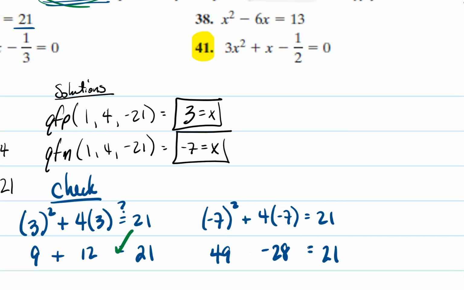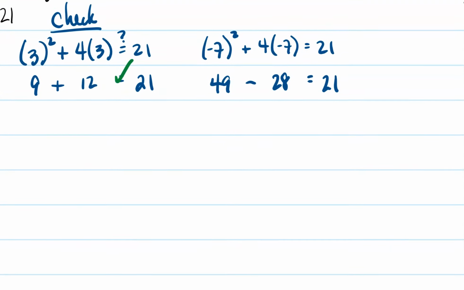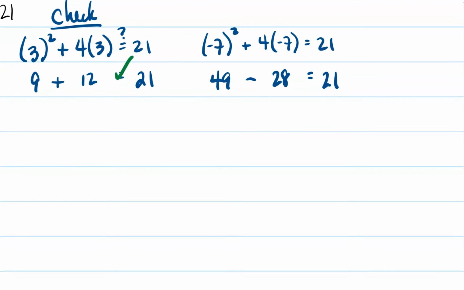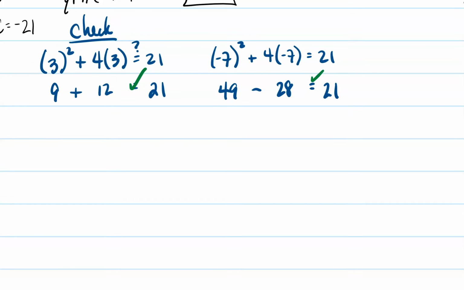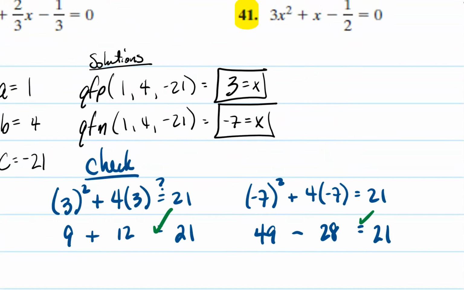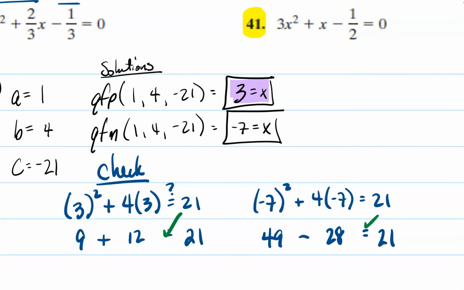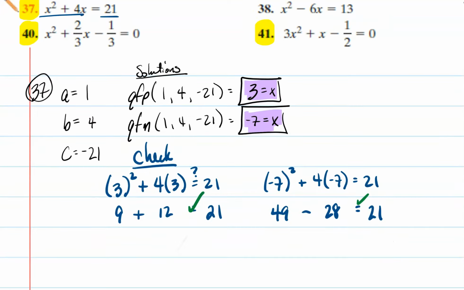Well, 49 plus negative 28 is the exact same as 49 minus 28. And certainly 49 minus 28 also equals 21. So we know that that was a good solution. These are the only two answers for this quadratic. There will only be two real number answers to this solution, and we found them very quickly by using the calculator to help us.